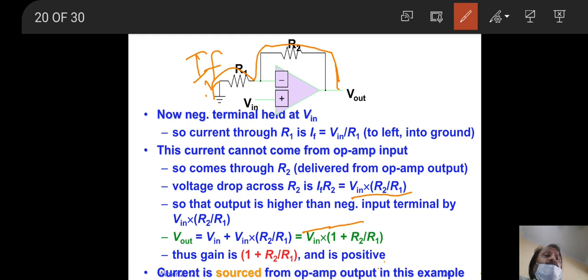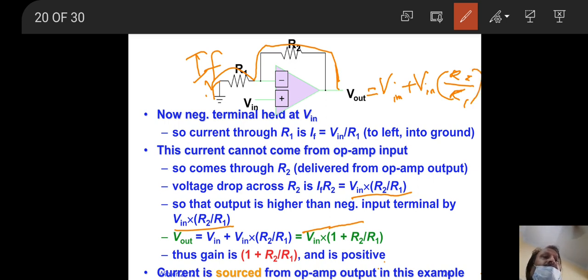So the output voltage is higher than the negative input terminal by this much, Vin multiplied by R2 by R1. So I can write Vout equal to Vin plus Vin multiplied by R2 by R1.